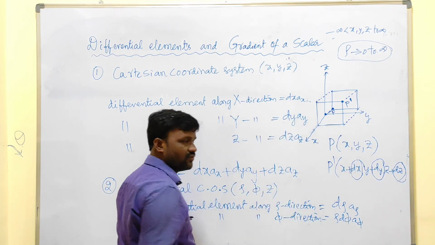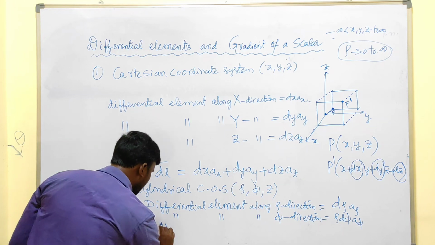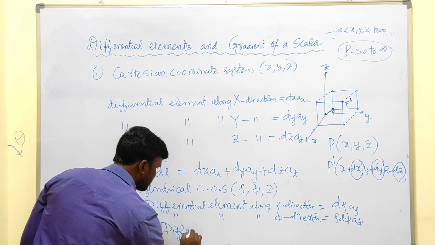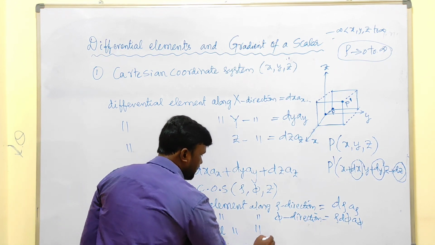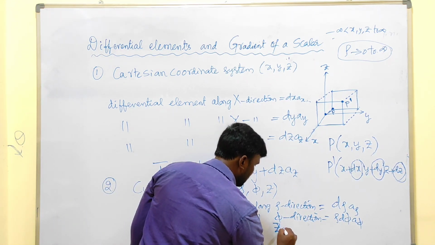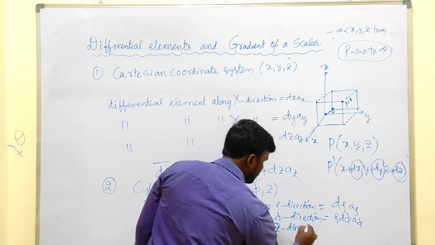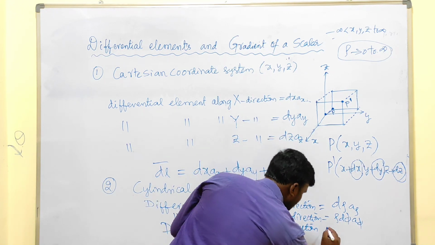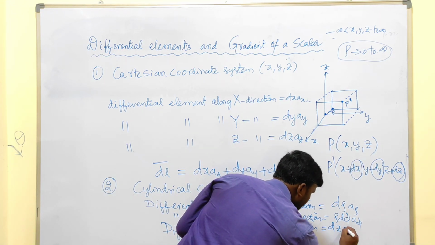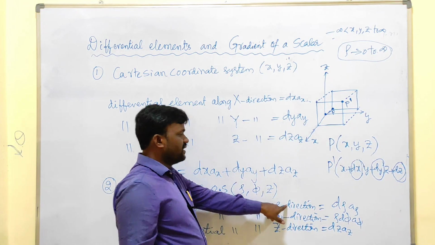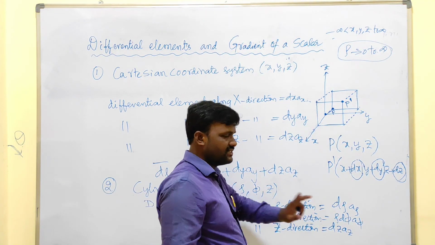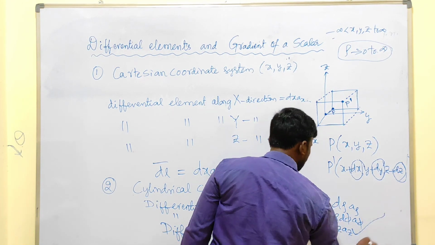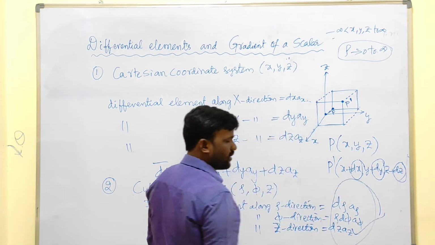Why it is like this, we will see later. The differential element along z direction is dz az. This is the differential element along rho direction, phi direction and z direction. The z element is the same as in the Cartesian coordinate system.